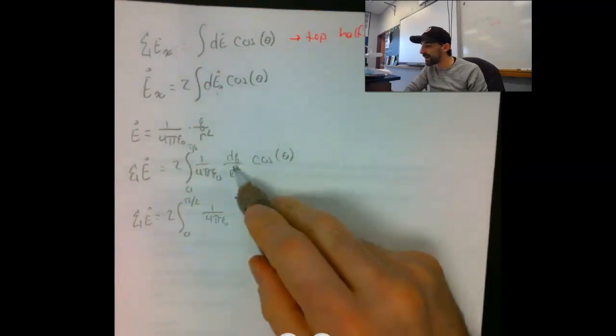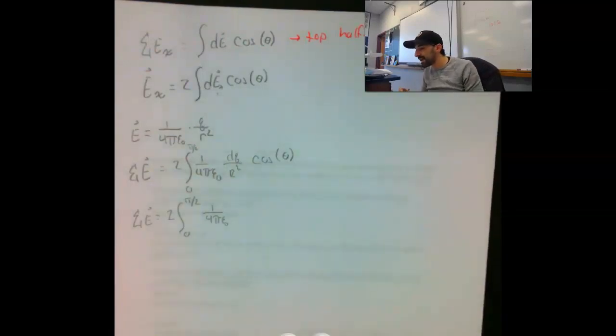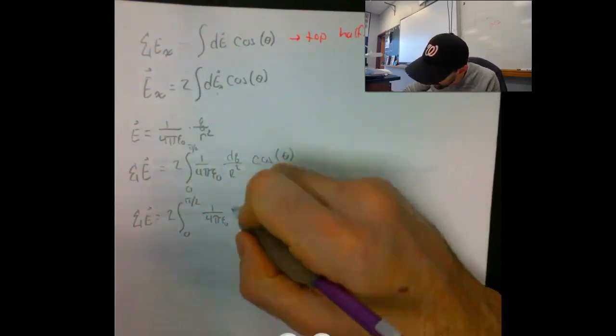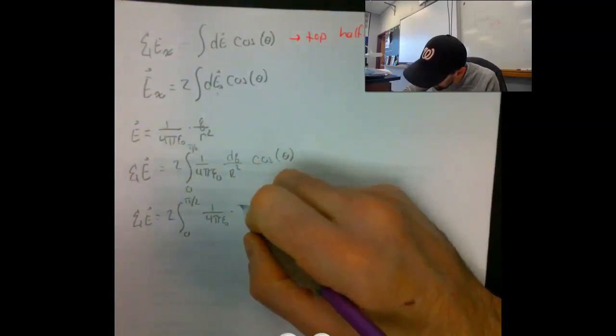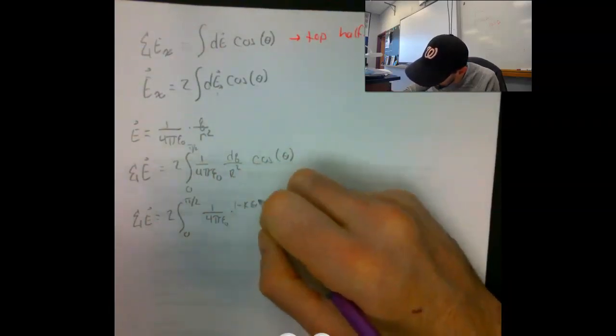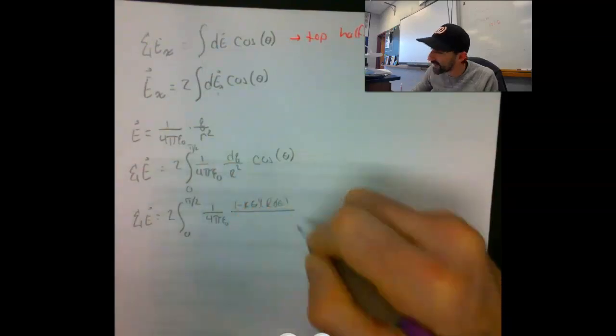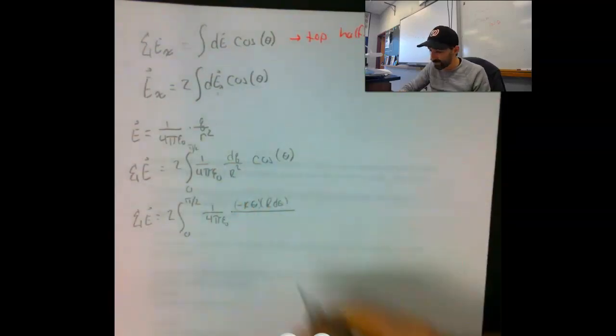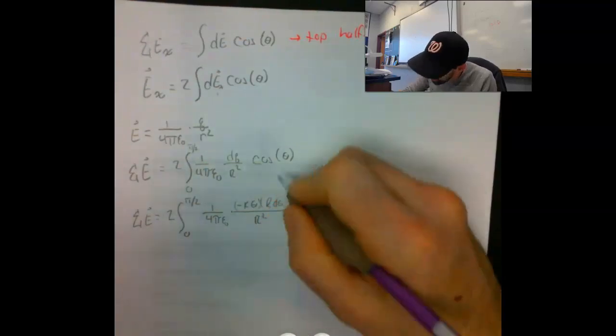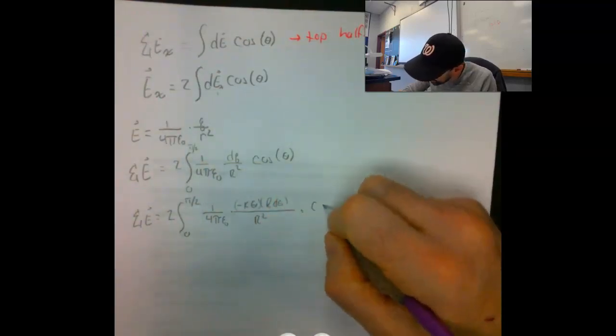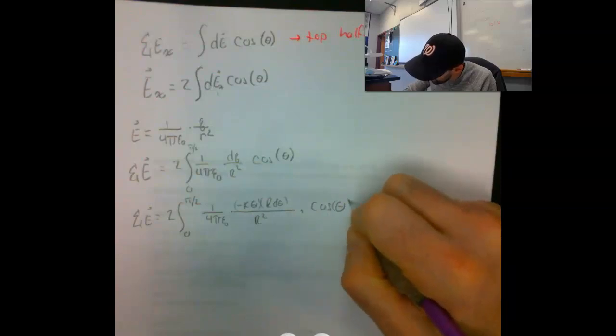I'm subbing in for my dQ, negative k theta r d theta, so times negative k times theta times an r d theta divided by my r squared. That whole thing is times cosine of theta.